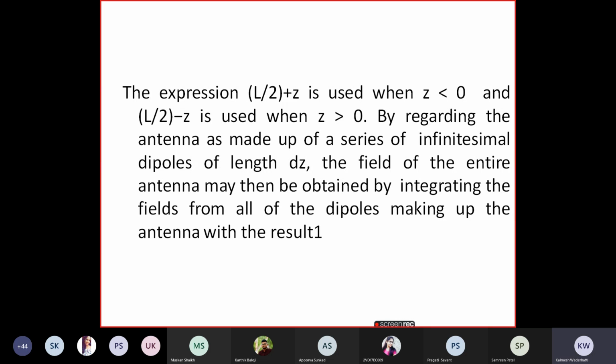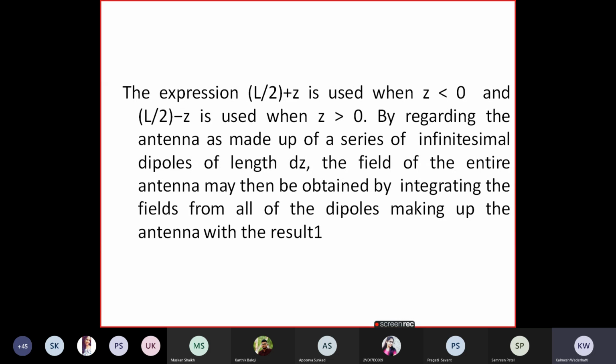Here, the antenna is made up of a series of infinitesimal dipoles of length dz. We consider only the element dz to calculate. The field of the entire antenna may be obtained by integrating the field from all the dipoles making up the antenna.